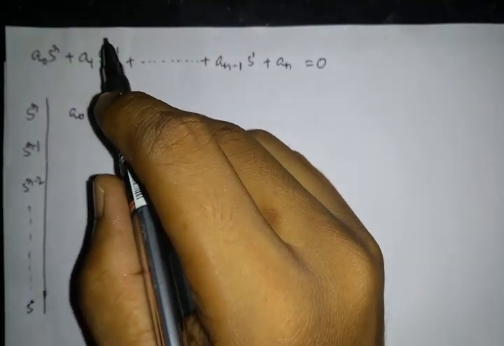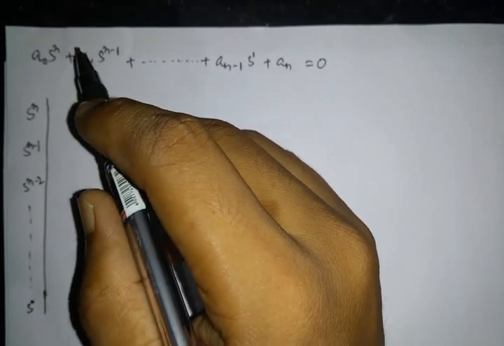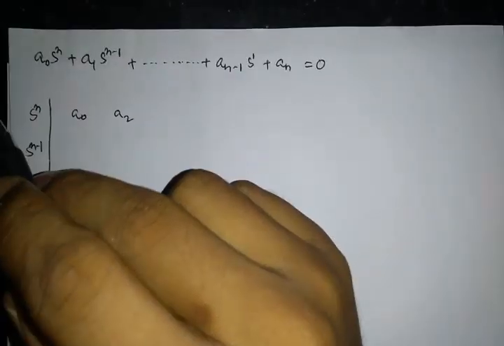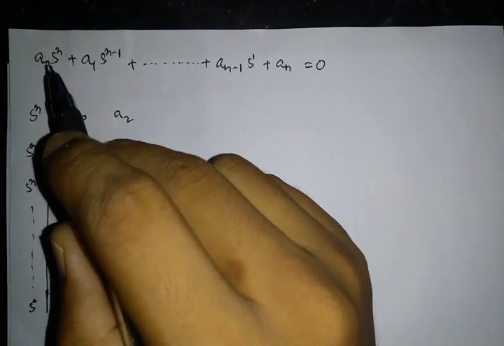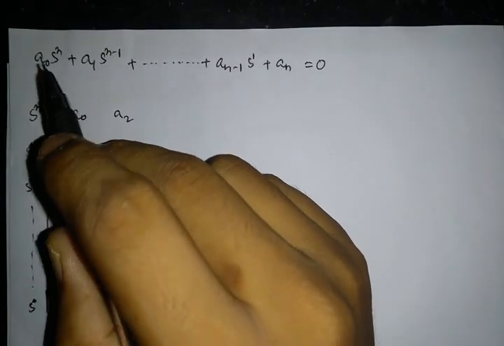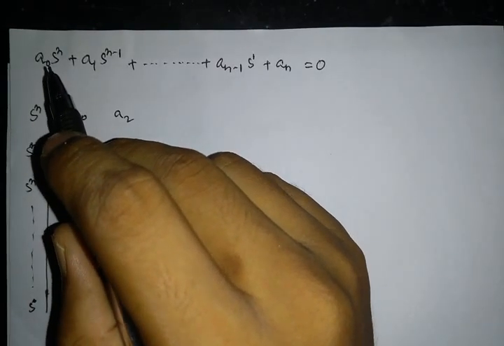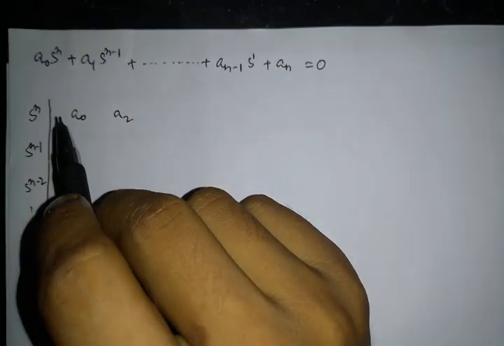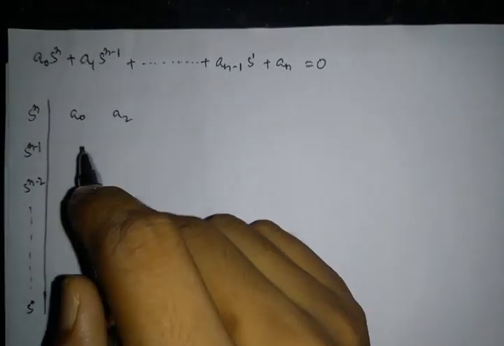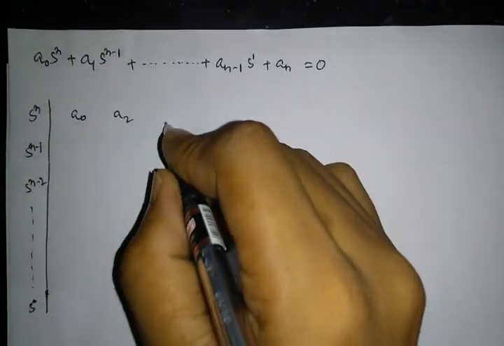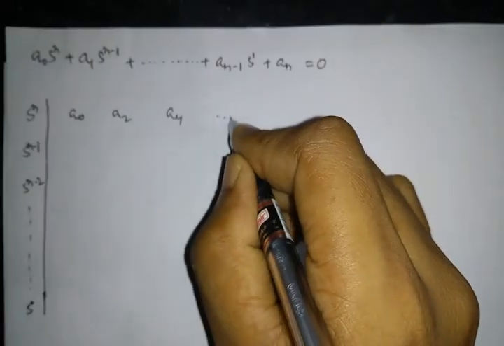If n is even, it means all the coefficients corresponding to even powers of s will appear. And if n is odd, then all the coefficients corresponding to odd powers of s will appear in the first row. So in this particular case, I am writing a0, a2, then a4, and so on.